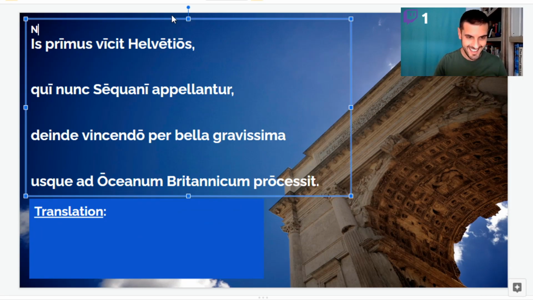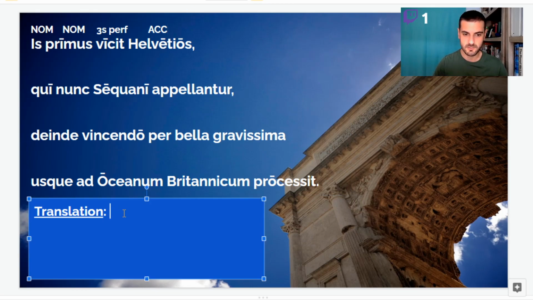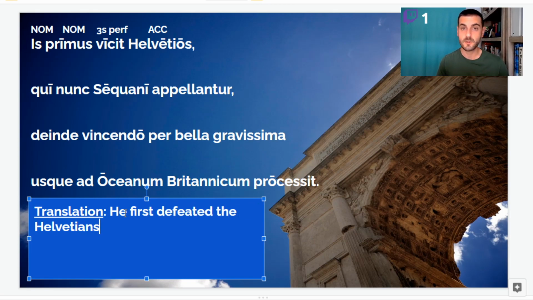And if you read any Caesar last year, this is how it begins. The very first book of Caesar's Gallic Wars is primum, he first vicit Helvetios. He first defeated the Helvetians. Now, if you know what Helvetia is, Helvetica, all those words are related to Switzerland, the modern country of Switzerland.